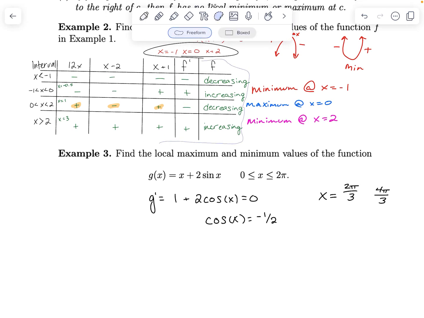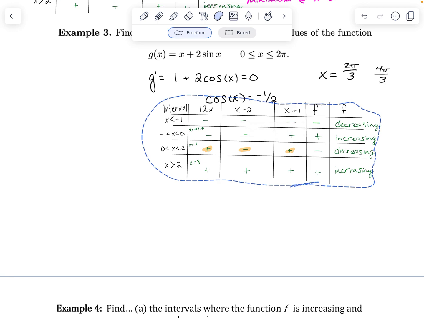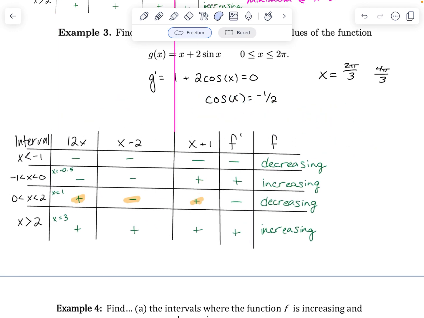And let's make this table. I'm just going to copy and paste it. We've got fewer intervals to think about here.